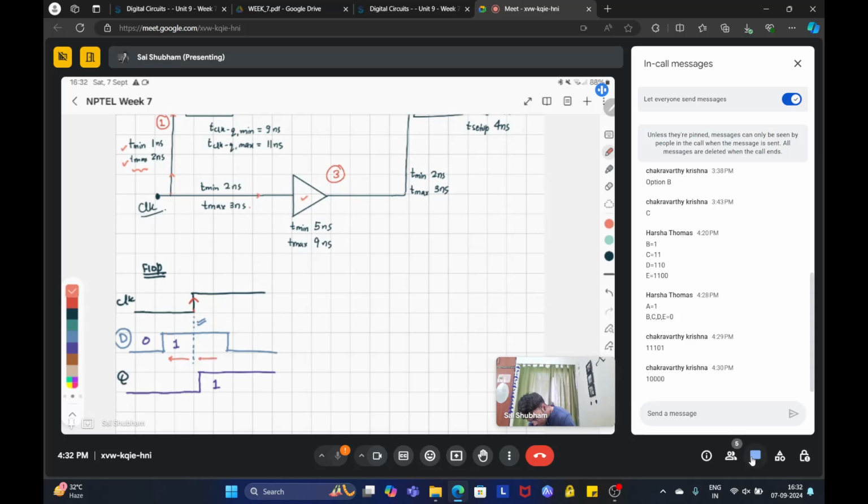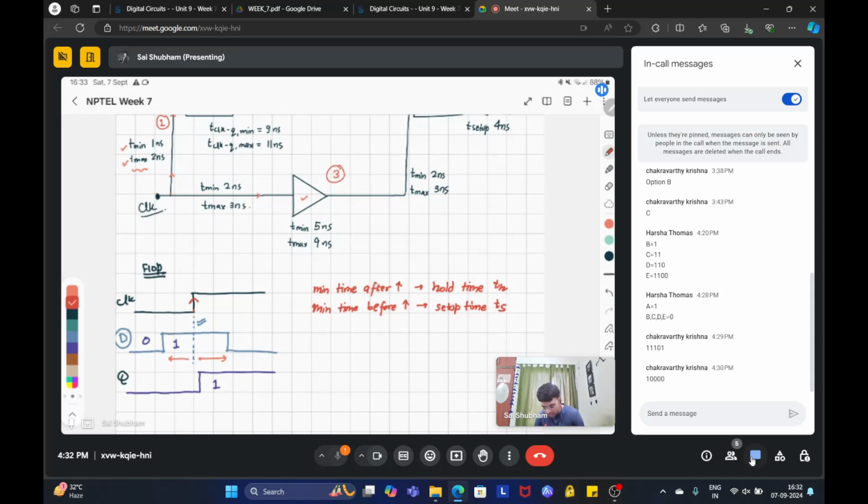So this minimum time after the posedge is your hold time, or TH. The minimum time before the posedge is your setup time, which is TS. Okay, so this is the requirement of every flip flop.